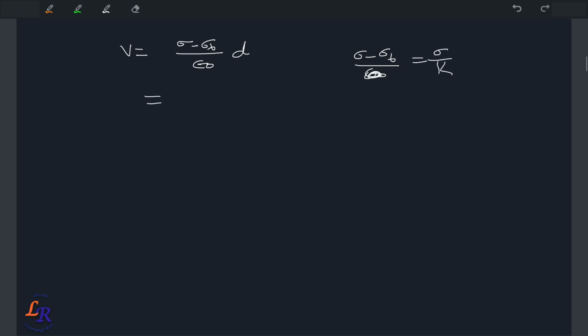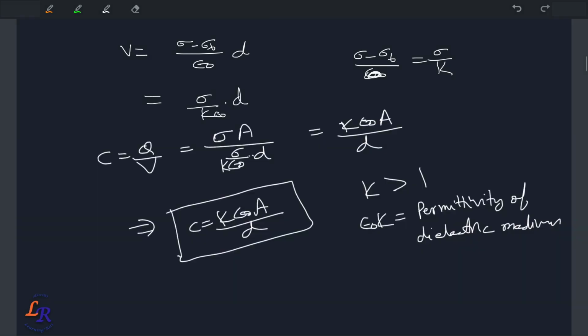Then the potential difference becomes sigma upon k epsilon 0 times d, and the capacitance is Q by V. Filling in the details, it becomes sigma times A divided by sigma upon k epsilon 0 d.